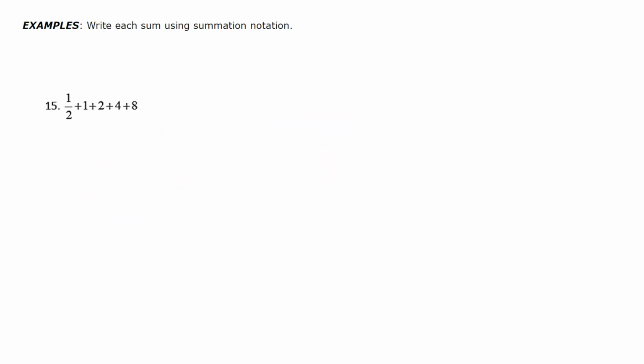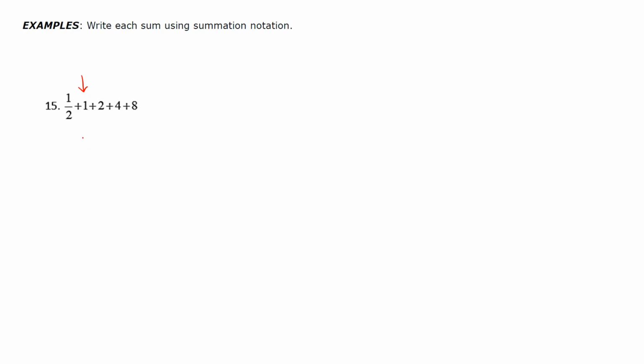Let's do the next one. 1/2 plus 1 plus 2 plus 4 plus 8. Okay. What's going on? Well, I go from 1/2 to 1, and then 1 to 2, and then 4, and then 8. Well, I know that anything to the 0 power equals 1, and then 2, 4, and 8 again are products of 2.